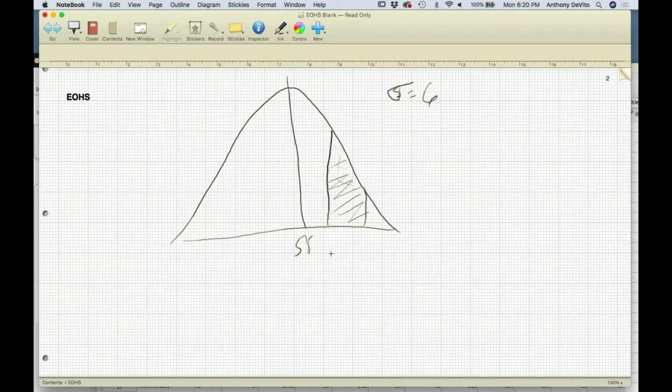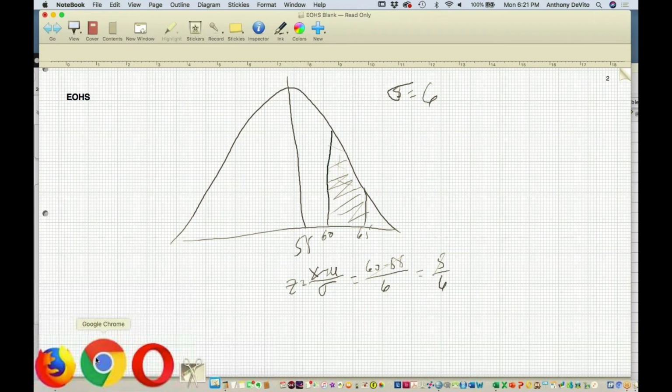Well, what we can do is calculate z-scores for 60 and 65. The z-score is equal to the value minus the mean over the standard deviation, which for 60 is 60 minus 55 over 6, which is 5 over 6. What is 5 over 6 anyway?